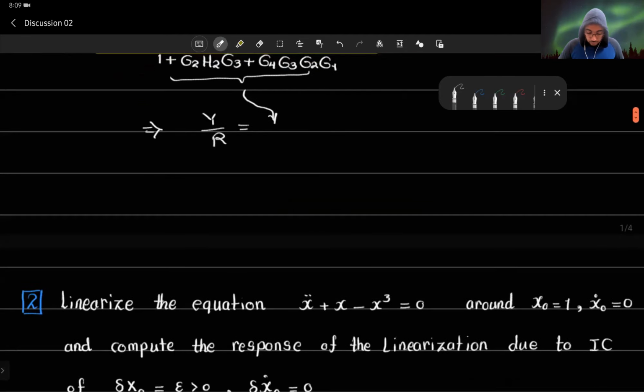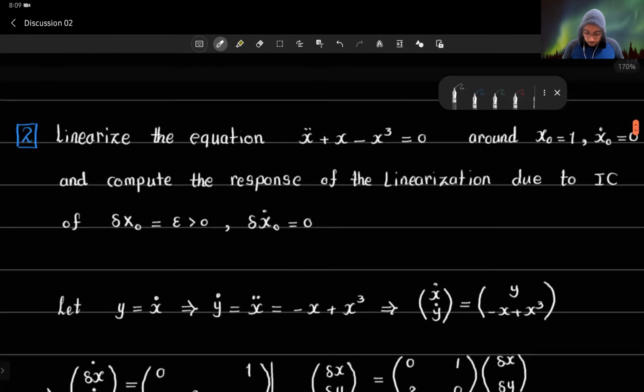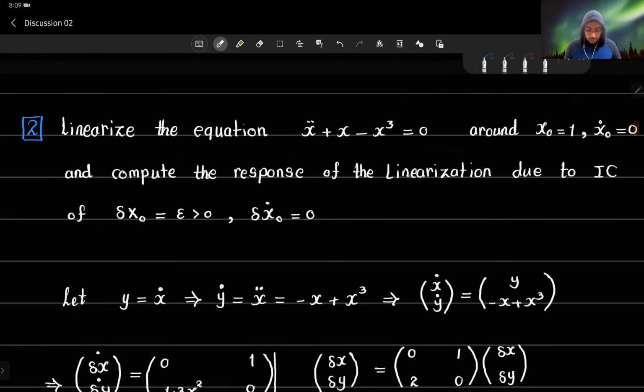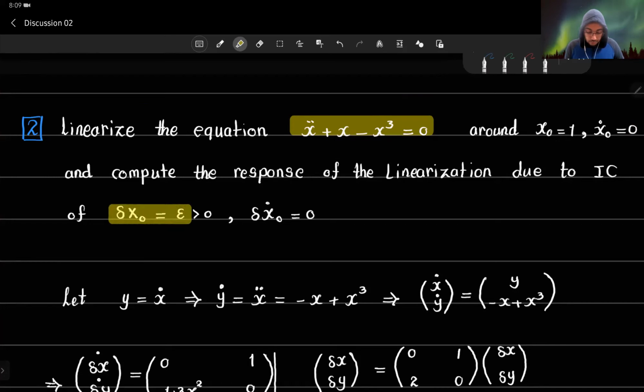Now we move on to the linearized equation. We would like to solve or to linearize this differential equation around the point x0 equal to 1 and x dot equal to 0, and then we would like to compute the response due to initial conditions of delta x0, which is the initial condition for the perturbation or for the state of the linearization.